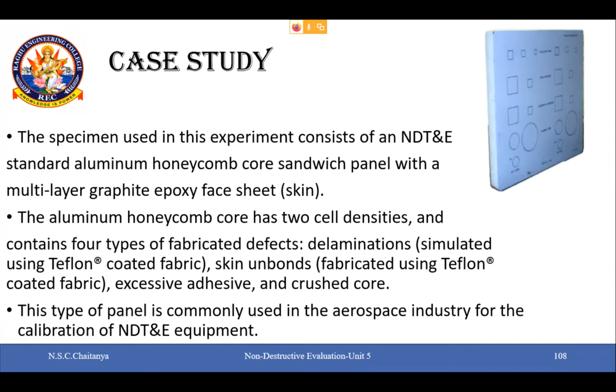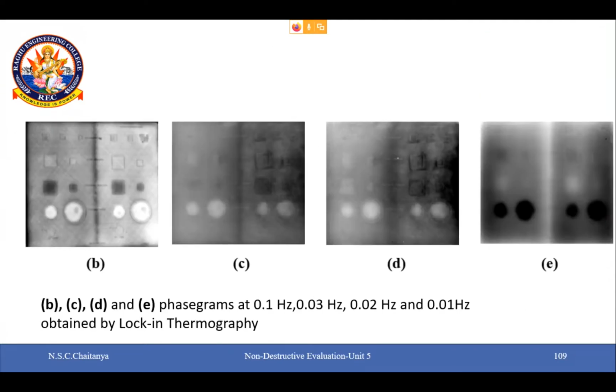So our case study is we have tested this specimen using lock-in thermography as well as pulsed thermography. In the next slide, that is slide number 109, you can see 4 images B, C, D and E. These are 4 phasegrams at 0.1 Hz, 0.03 Hz, 0.02 Hz and 0.01 Hz, different frequencies, obtained from your lock-in thermography.